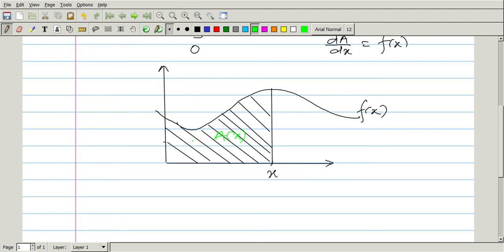Suppose I had to say A of x plus h, then what should I do? I'll move a little ahead. Maybe x plus h is where it looks. So the area to the left of x plus h I'll denote with A of x plus h. I'll also shade it with the red line.